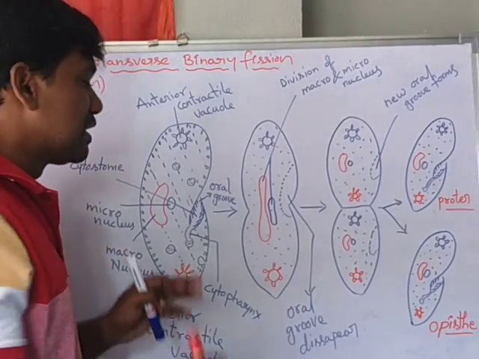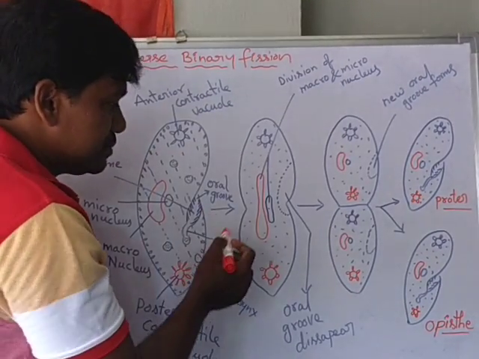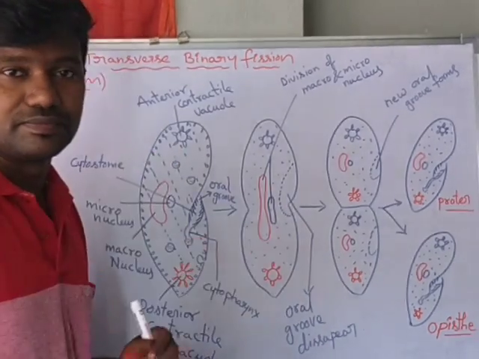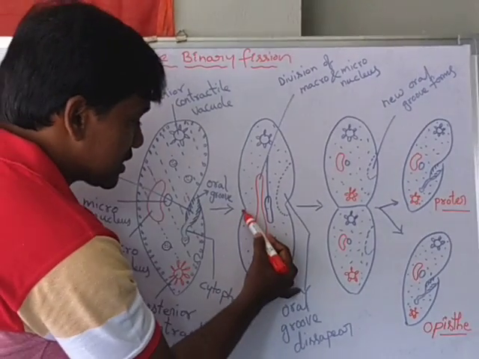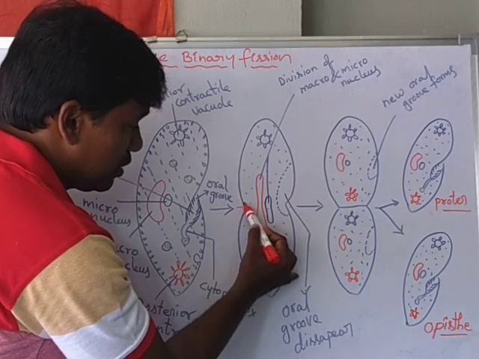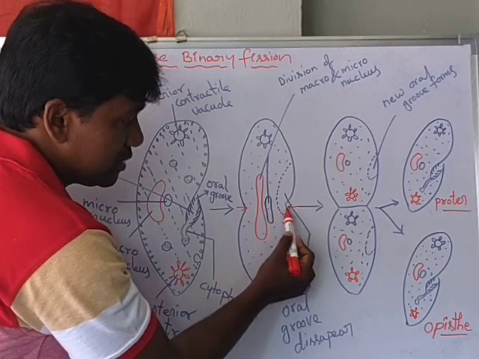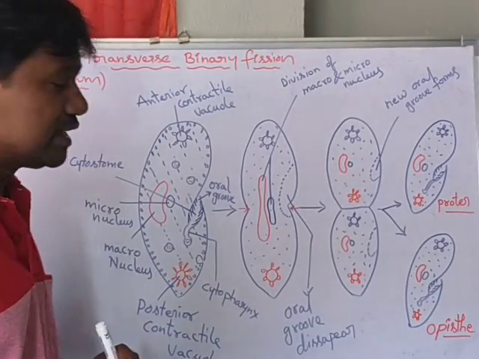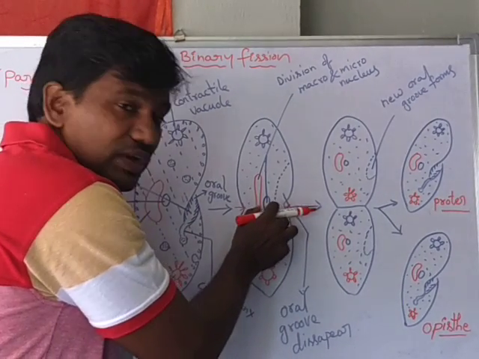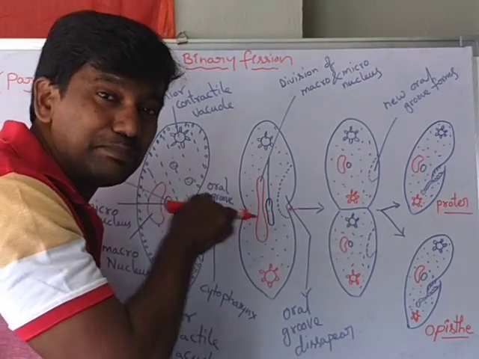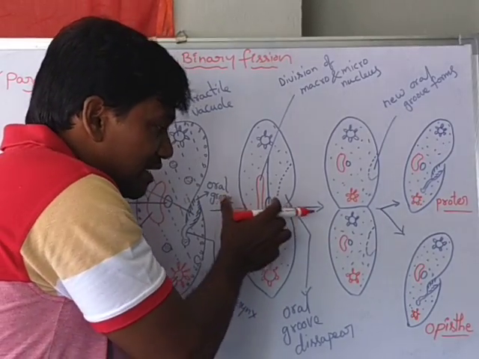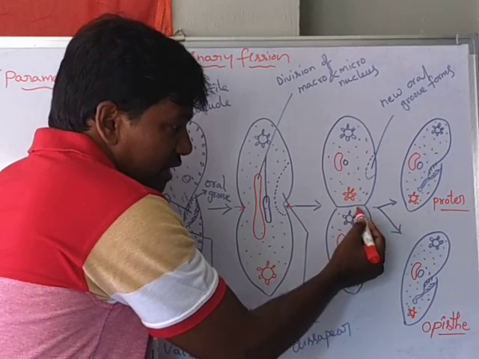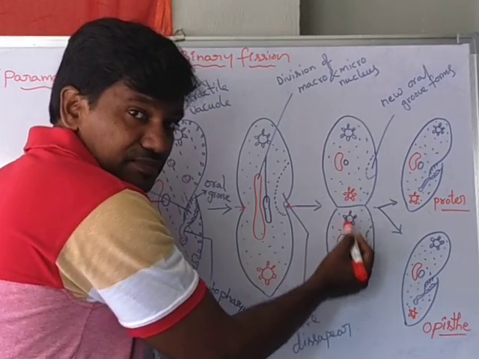At that time, at the middle of the body, small constrictions are formed. These constrictions gradually deepen and divide the total body into two halves.